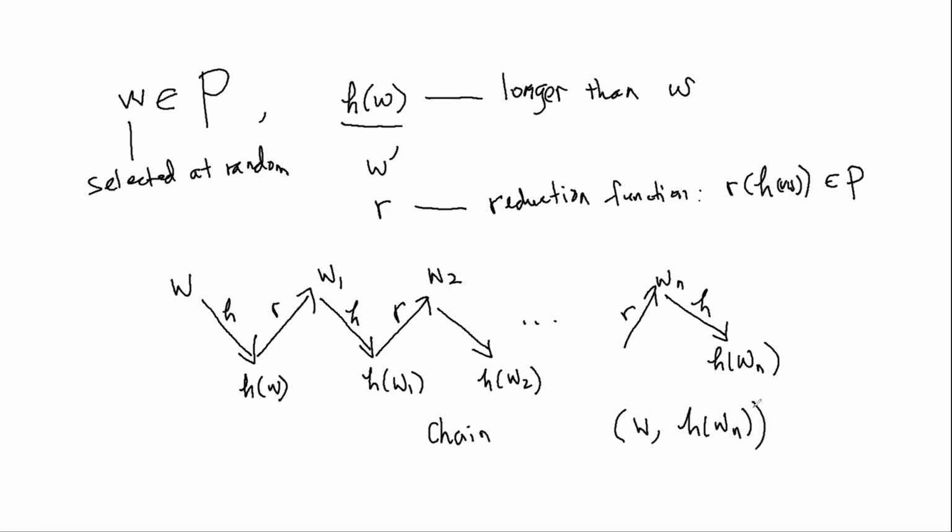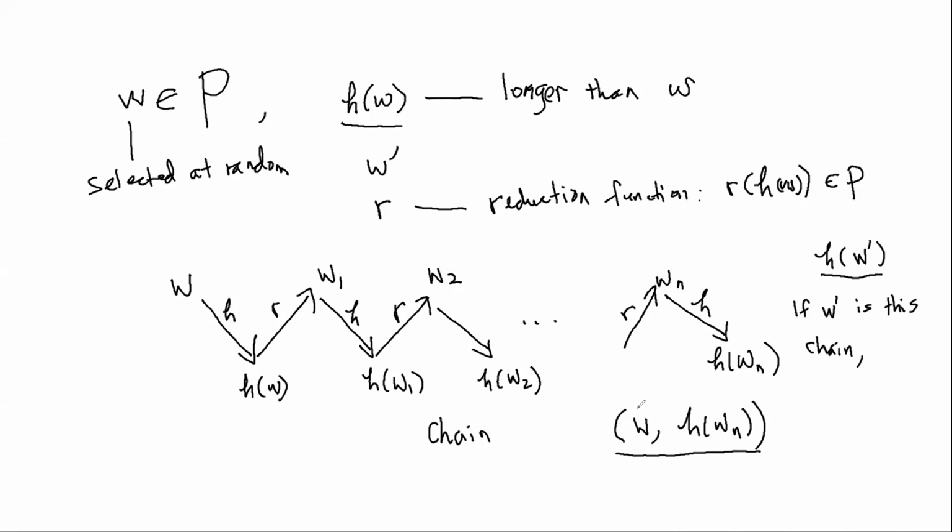Now, why is this useful? Assuming I get H of W prime, this is the password hash I got, and assuming this W prime appears in this chain, then I can find it by looking at this.